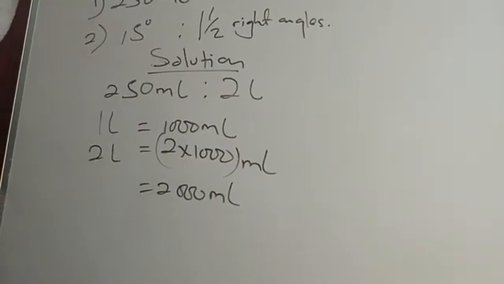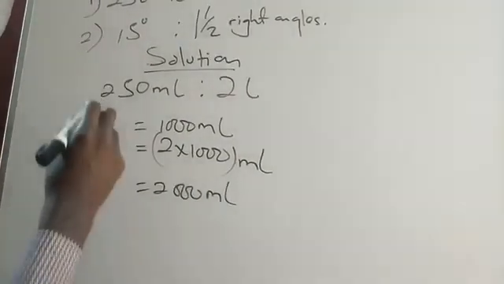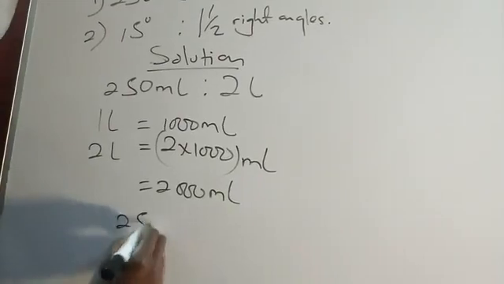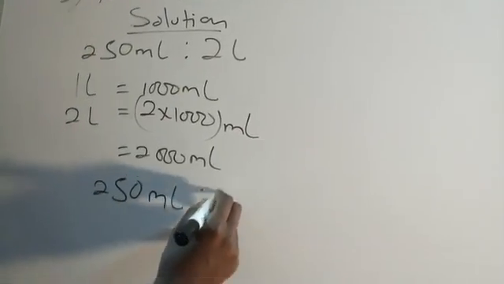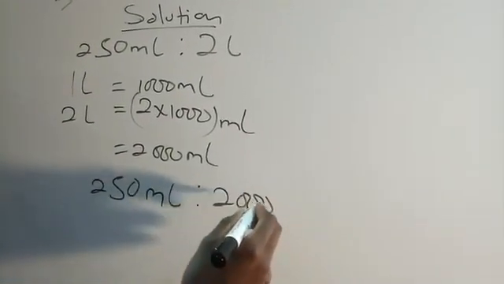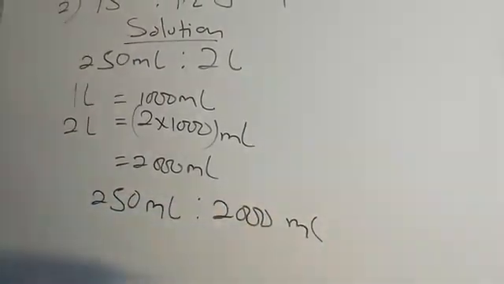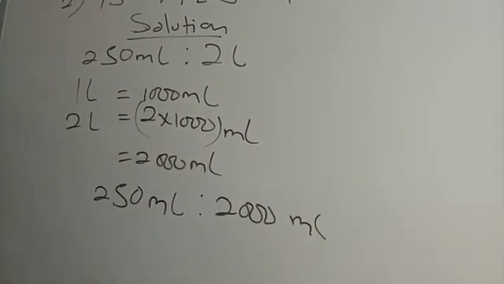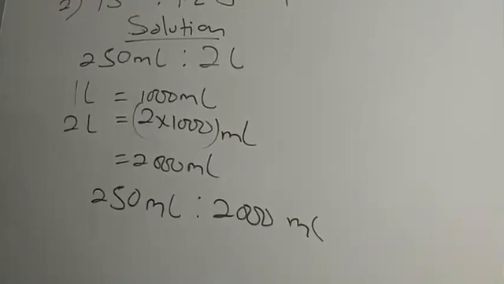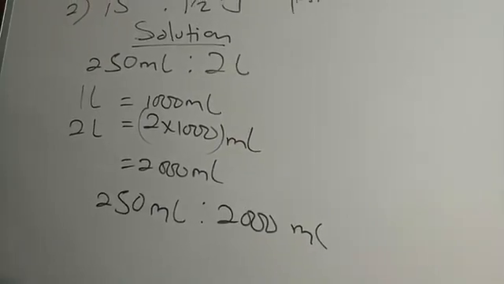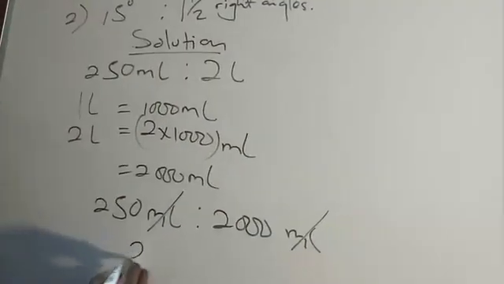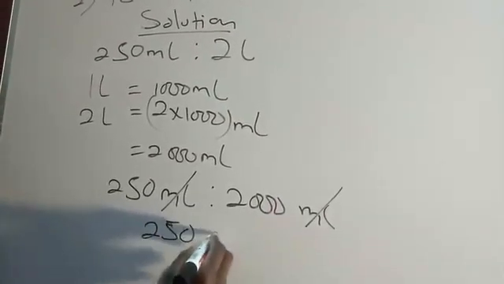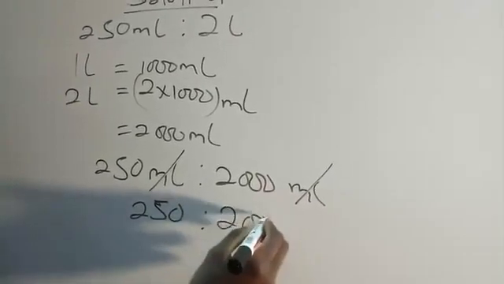So we compare 250 milliliters to 2000 milliliters. By expressing in ratios, we omit units, becoming 250 to 2000.